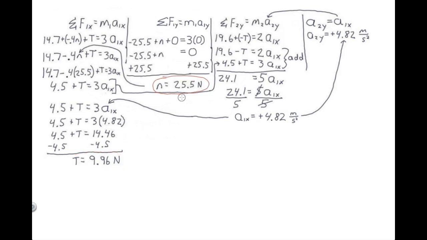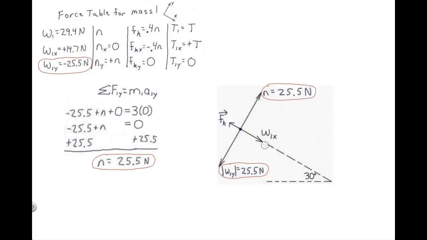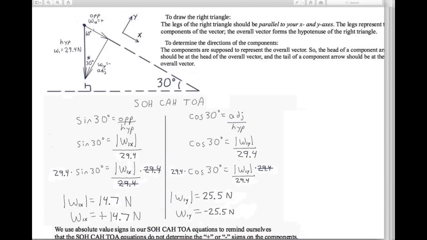Does the size of our result for n make sense? In this version of the free body diagram, I've broken W1 into components. Earlier, we found that W1x points parallel to and down the incline, and that W1y points perpendicular to and into the incline.